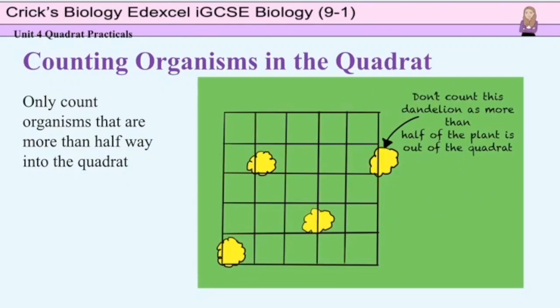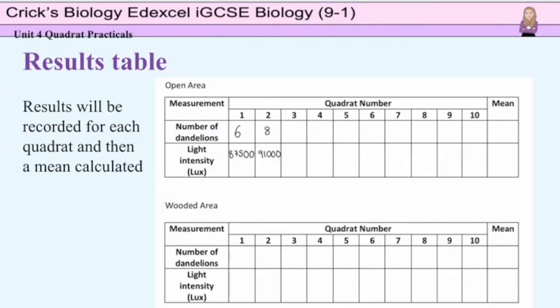When counting plants, you only count plants that are more than halfway into the quadrat, as in the diagram above. The next few slides show photos of the other quadrats, quadrats 2 to 10. You need to draw up a results table for the open area like the one above. The next 9 photos then show the other quadrats from the open area. Using the data in these photos, you then need to complete your results table.